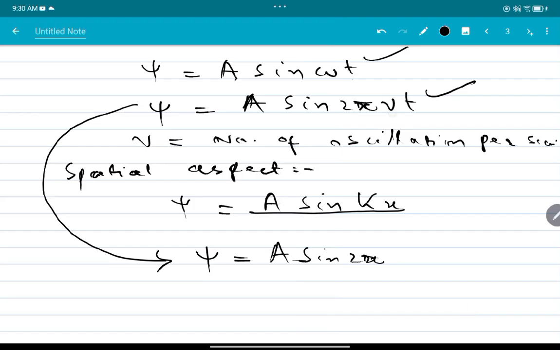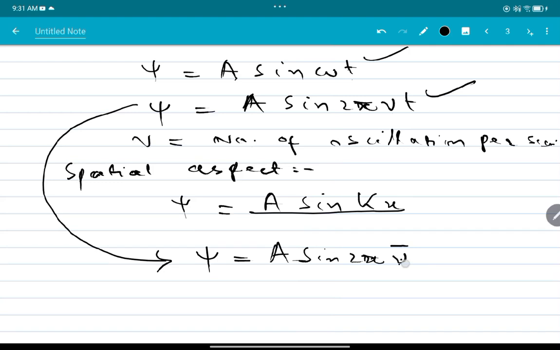Now the difference. Here we have nu. Nu is the number of oscillations per second. Here I will use nu bar, that is the number of oscillations per centimeter. That means this is the number of waves per unit length, just as nu is the number of waves per unit time.